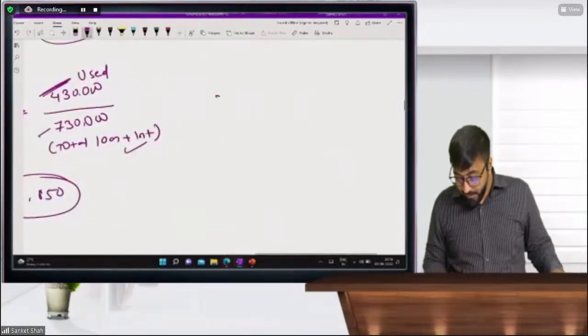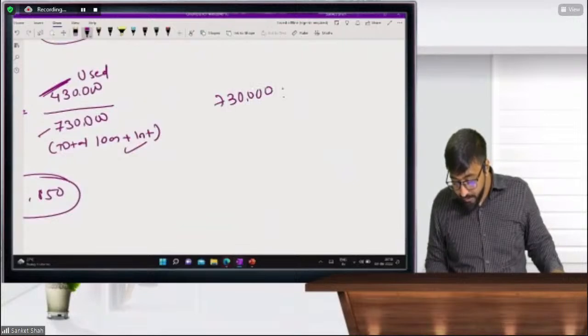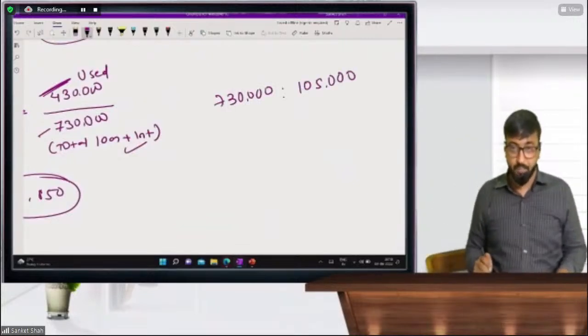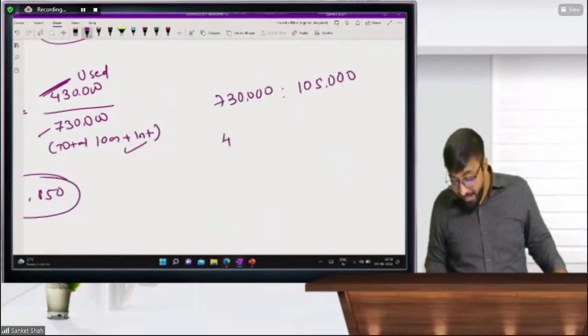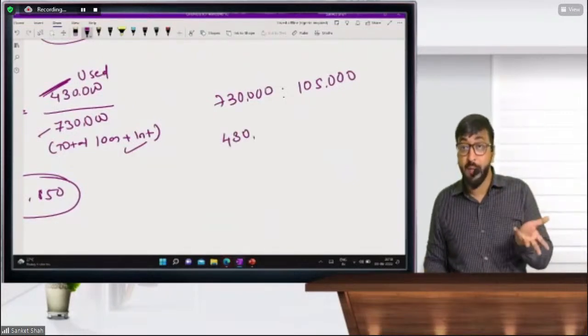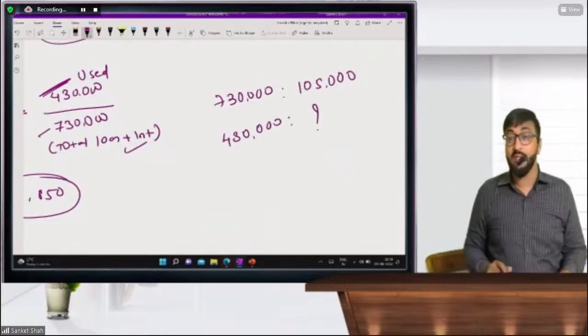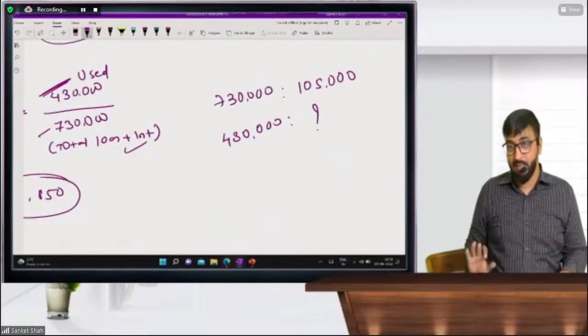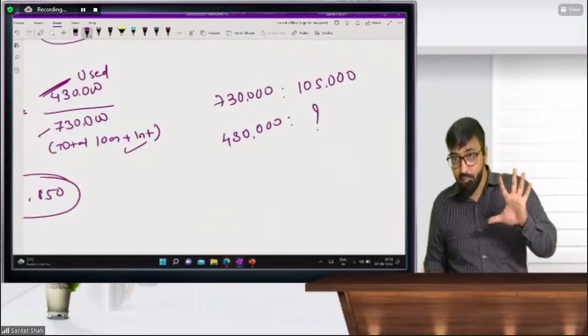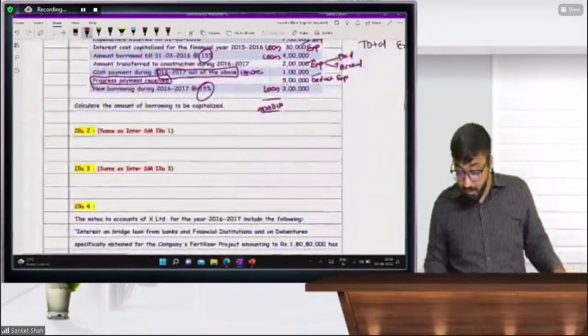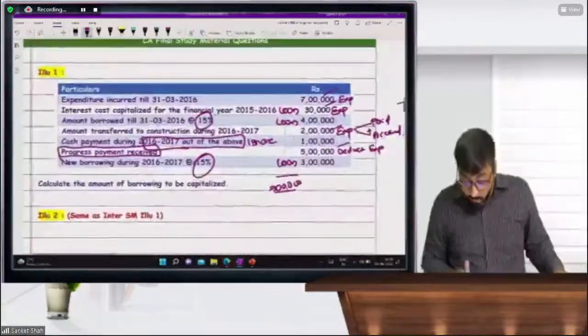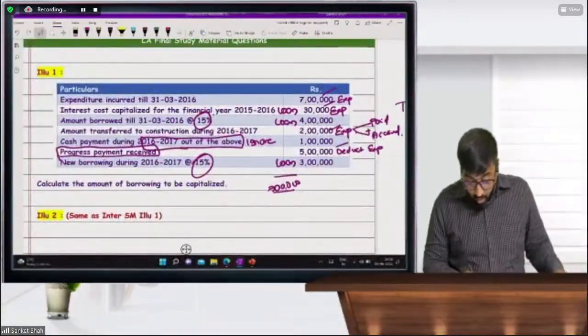So beta, ekdam simple hai. Total loan amount 7 lakh 30,000 on which I paid interest 1 lakh 5,000. But the actual expenditure I incur on this project is only 4 lakh 30,000. So the interest to be capitalized is the cross multiplication. Okay, complicated question, but beta, this may come for 5 marks. I know you. I will give you steps for solving this question.